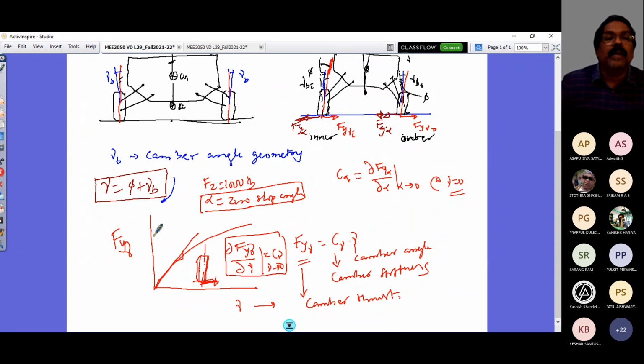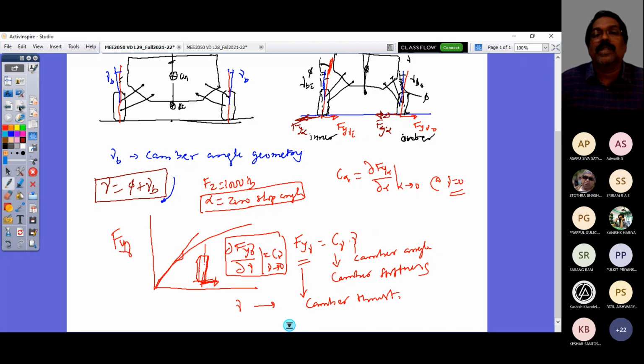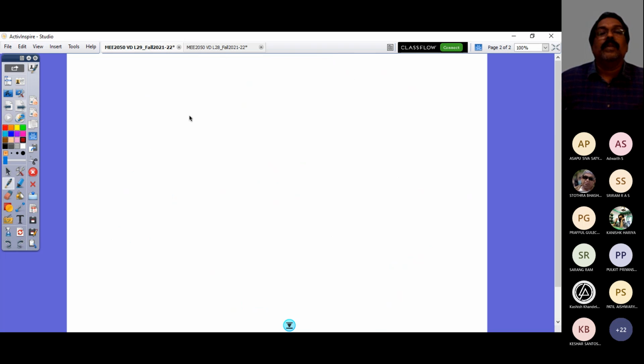And let me look now at the derivation to understand the effect on understeer gradient. How do I go about doing it? Let me write the total lateral force Fy during hard cornering.